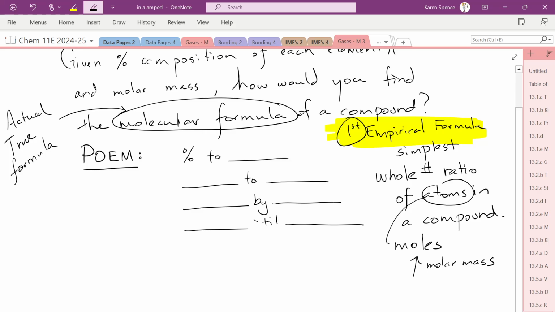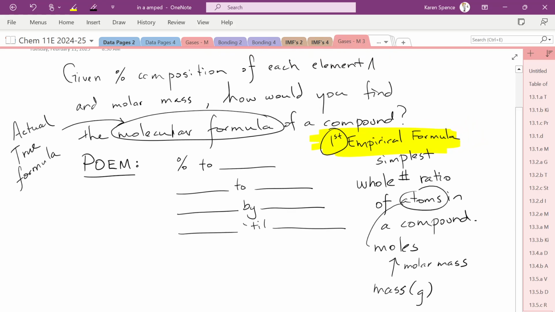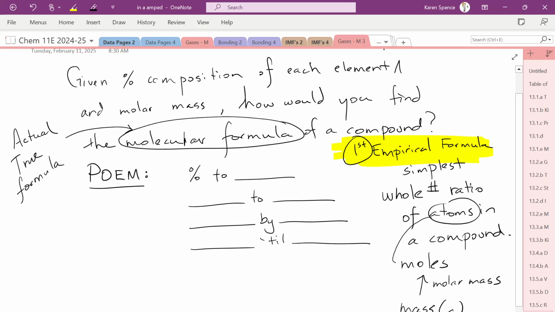And what would we need in order to start? We would need the grams, the mass. Now, if you are given percentage of each element, you can get mass, because you take the percent and convert it to mass. And remember, you're going to have to assume something.